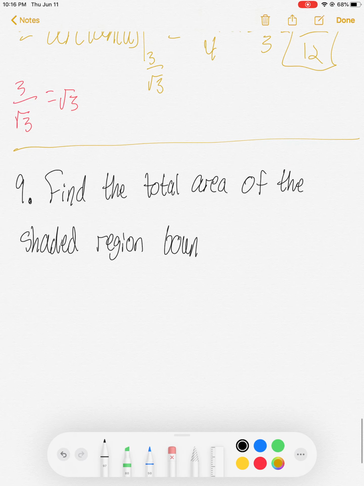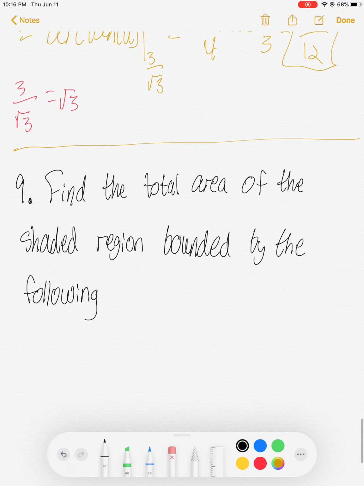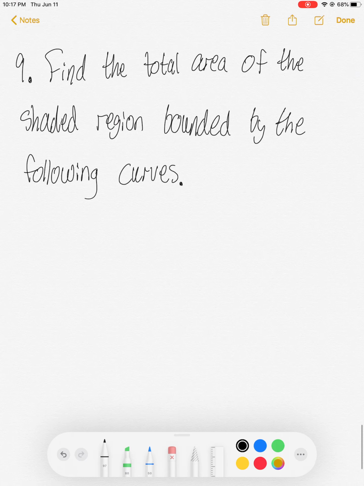So we're going to start with problem 9, which says find the total area of the shaded region bounded by the following curves.